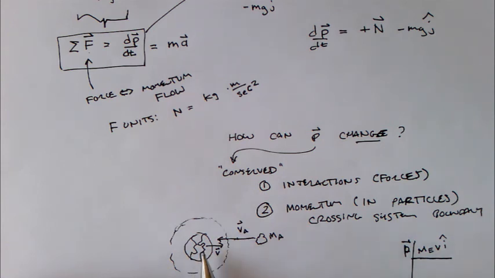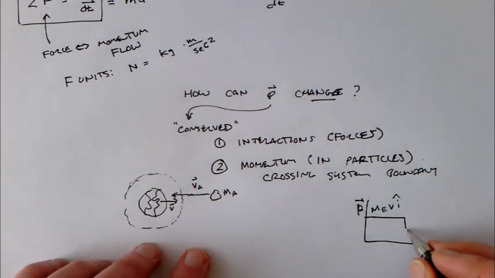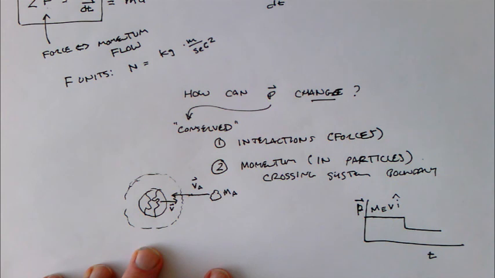And the reason the momentum of the system changes is that this additional mass entered the system, which is carrying momentum. In other words, you had a particle cross the system boundary, and that particle was carrying momentum. And so at that point, when this asteroid crosses the system boundary, suddenly that momentum has to change, right? As a function of time, it has to change because now you've also had a mass change in the system.